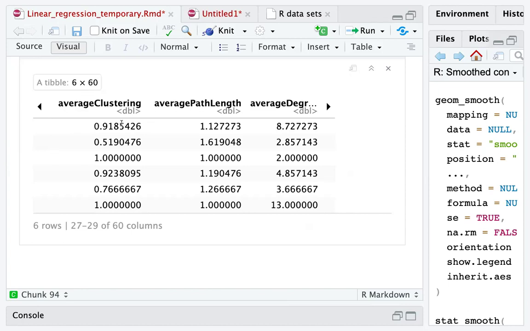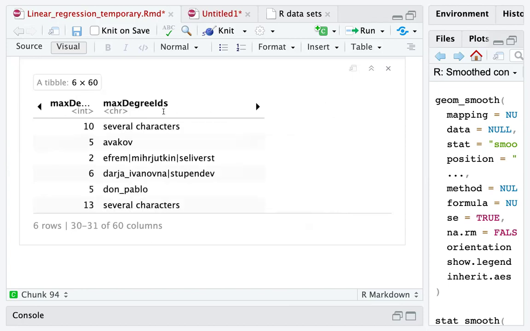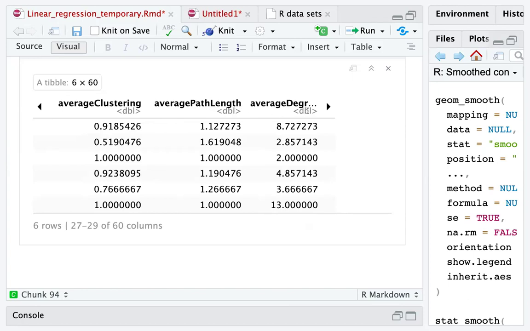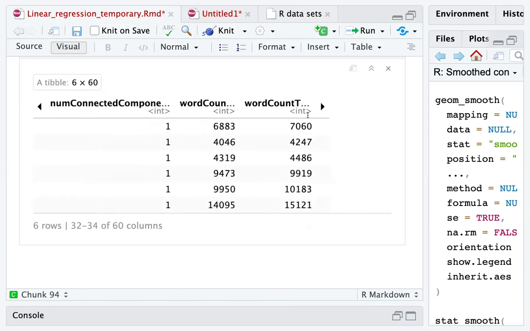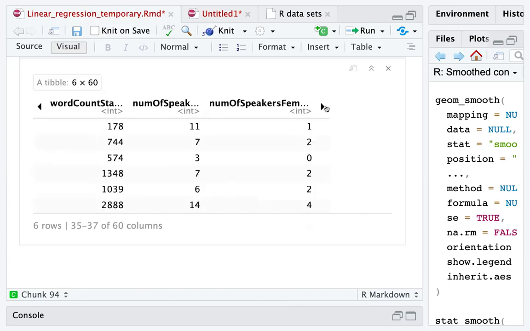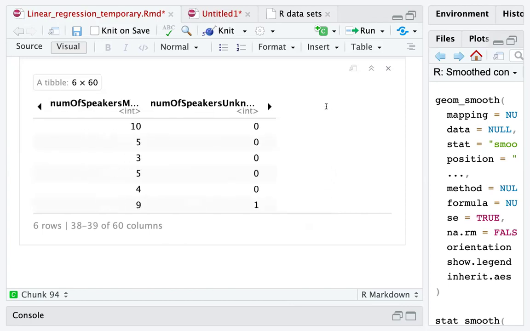So maybe there are two different stories in the same play, and the actors don't really interplay between them, and there are two clusters of actors. I mean, I guess it would be something like that. The percentage of clustering. And then there are other statistics. So number of female speakers, number of speakers.